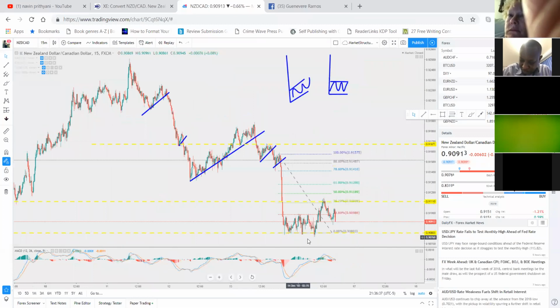It has dropped 6 pips. It's now at 0.9091, so it has dropped 6 pips since the market closed. That's because there are still transactions that take place over the weekend even though the market is closed.